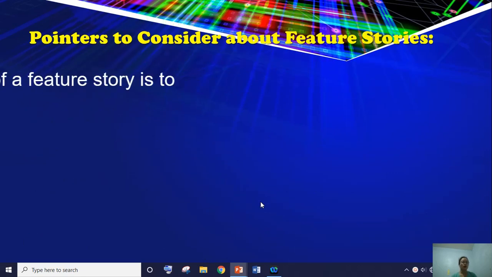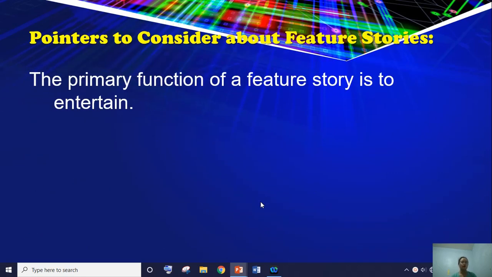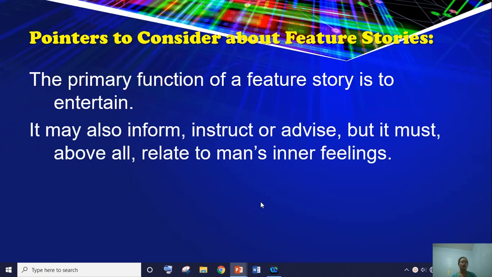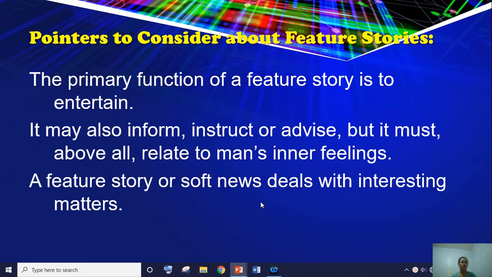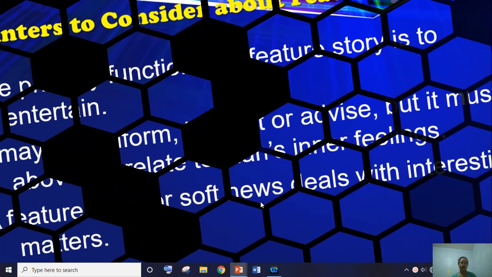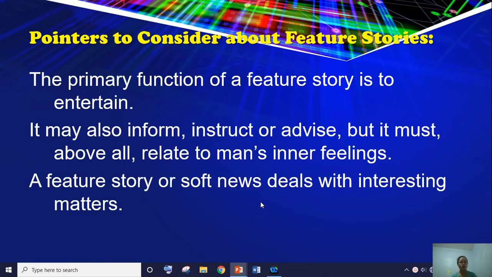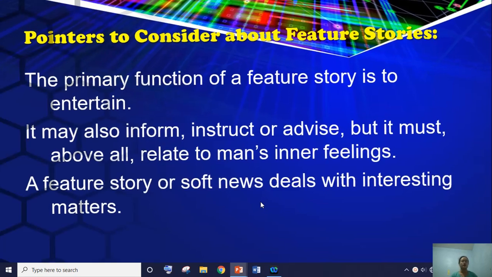Then pointers to consider about feature stories. So the primary function of a feature story is to entertain. It may also inform or instruct or advise, but it must above all relate to man's inner feelings.